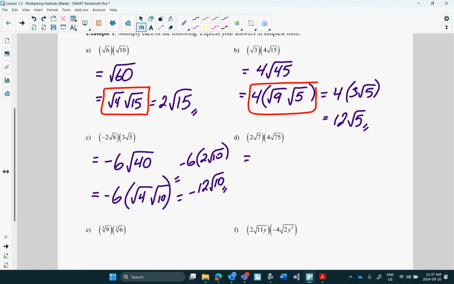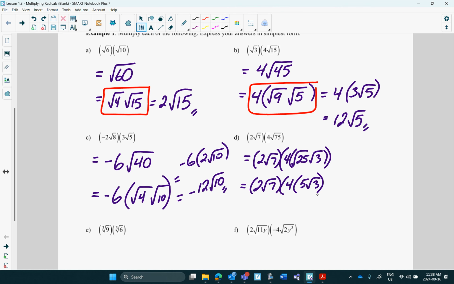Can I take either of these square roots and simplify them? I can't do 2 root 7, but I could do root 75 by breaking it down to root 25 times root 3. So I get 2 root 7 times 4 times 5 root 3.